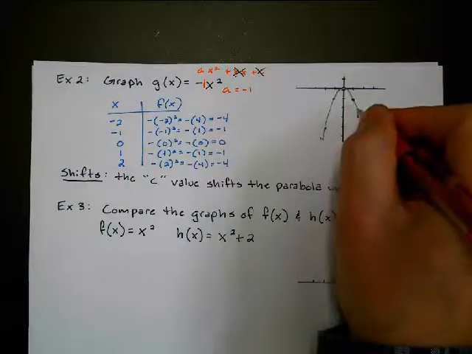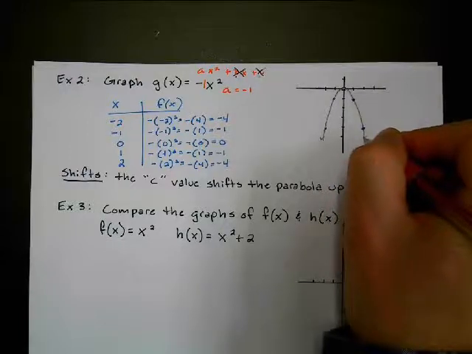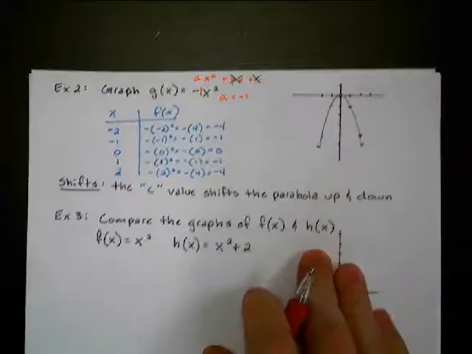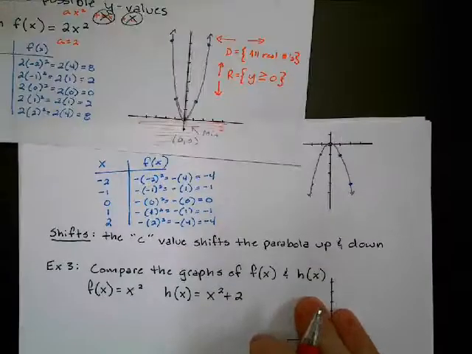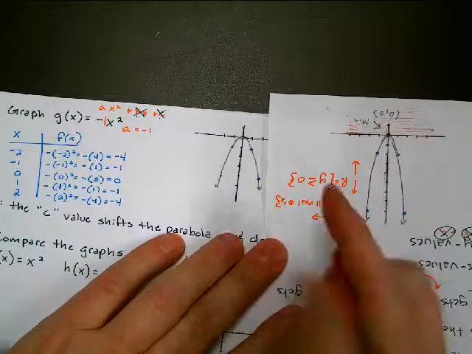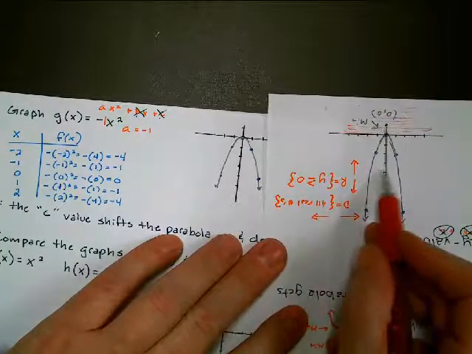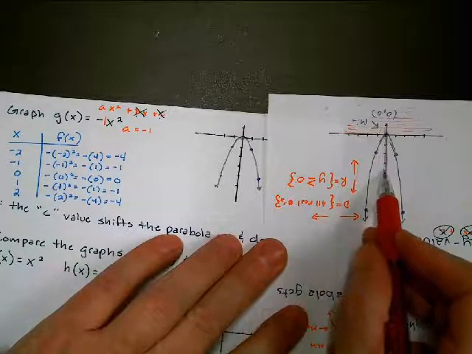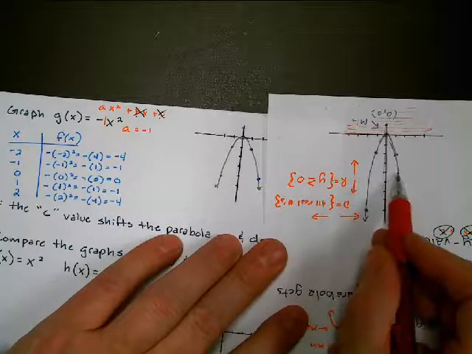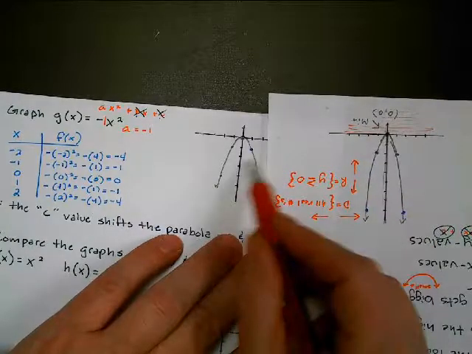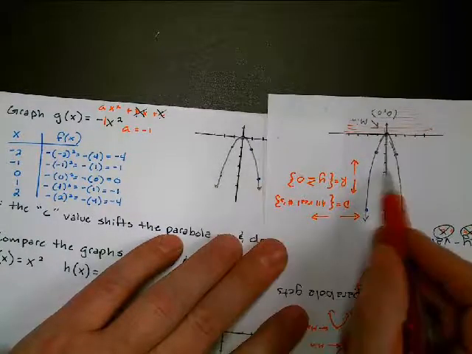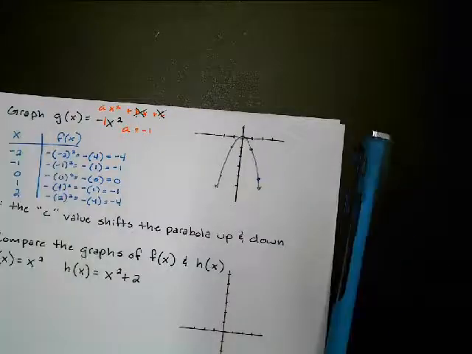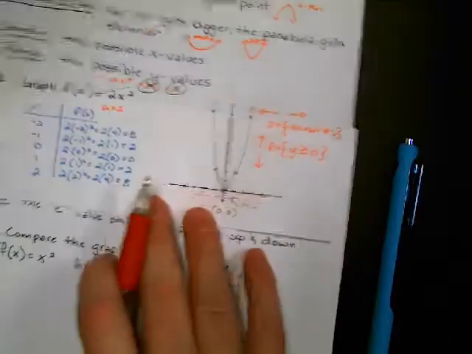All right, let's compare these two. It's hard to compare them this direction. Let's just compare them facing the same direction. Now we can see this one is slightly tighter than that last one. So see, it's more narrow than this one is. And it's more narrow because the a value for our first one was 2. So that made a narrower graph.